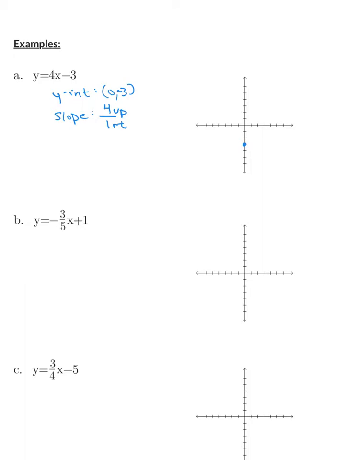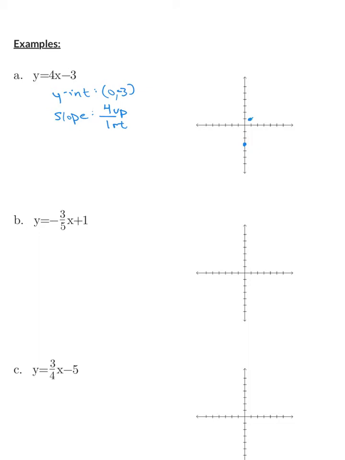So if we do this on our graph, we end up going up 4. Remember to count after you move. 1, 2, 3, 4, and to the right 1. So if we plot that, we should be right here. You can do this as many times as you need.